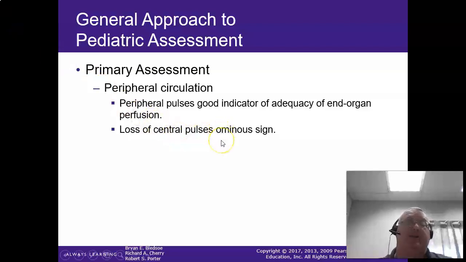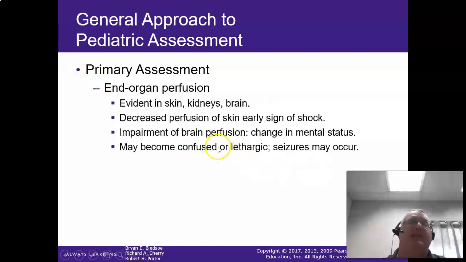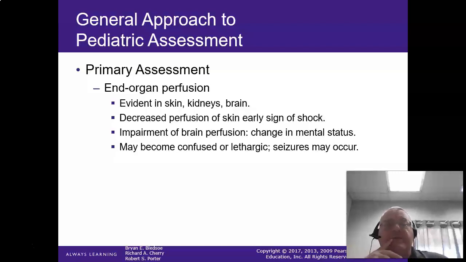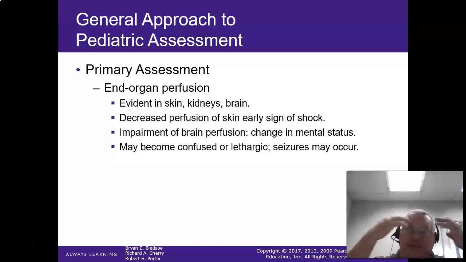So if I've got good ones at the brachial or the radial, but weak ones at the periphery with bad capillary refill, I probably have some major problems with end organ perfusion, okay? And by the way, usually when they start not getting blood to their brain, seizures are very common, okay? So make sure that you keep that in mind.